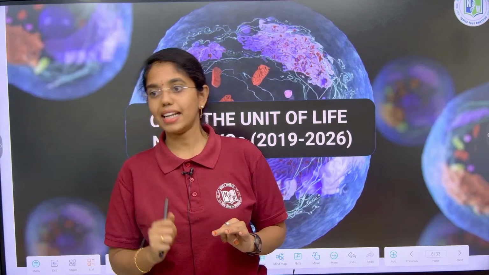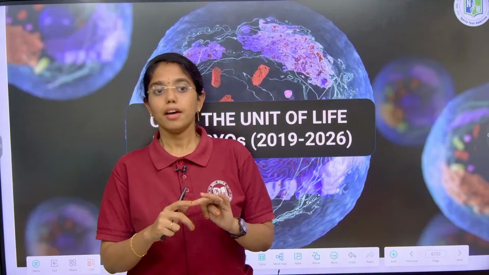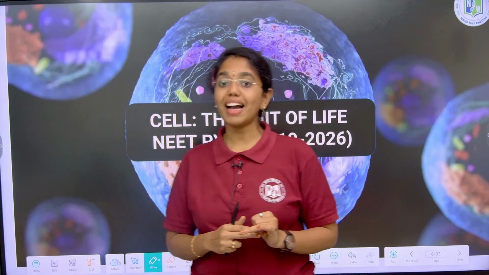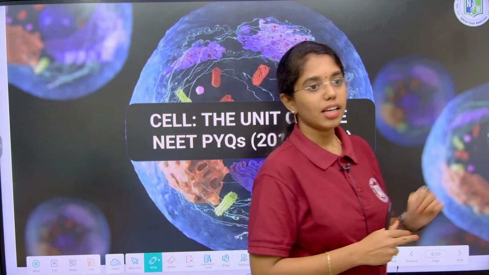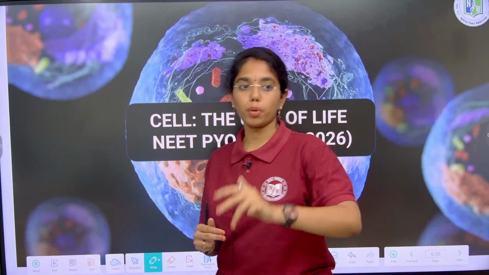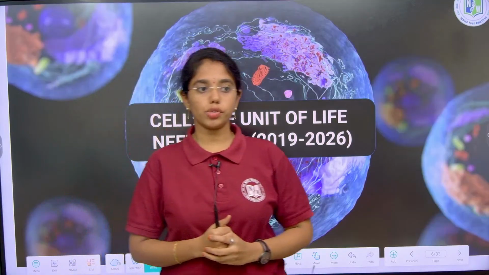Galactans, mannans, and minerals like calcium carbonate, right. Fungi has what cell wall? Chitin, also known as fungal cellulose. Plants have what composition? Cellulose, hemicellulose, pectins and different types of proteins, right. So, these are the different compositions we have learnt.